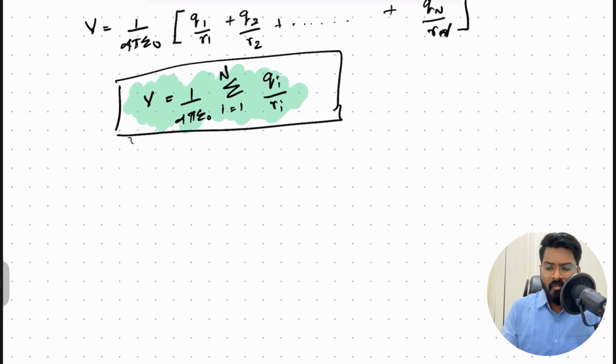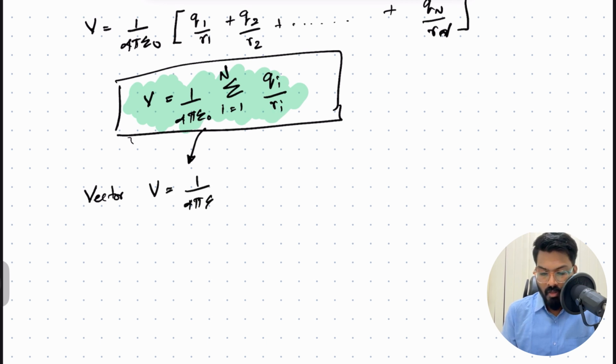Can we write this as a vector? Because right now this is in absolute magnitude form. Now let me try to write this as a vector. So if it's a vector, it is going to be V equals 1 by 4 pi epsilon naught. Mind you, V is not a vector. I'm writing the internal components, whatever that is inside, as a vector. Now how do we do that?